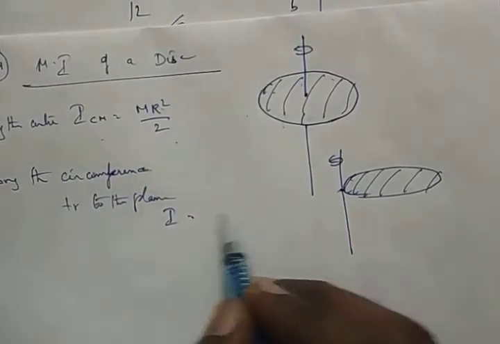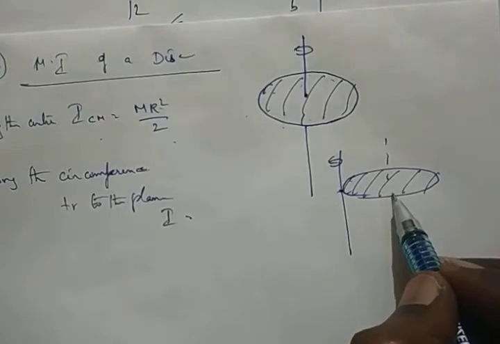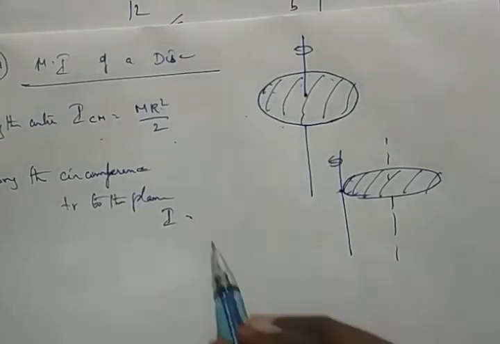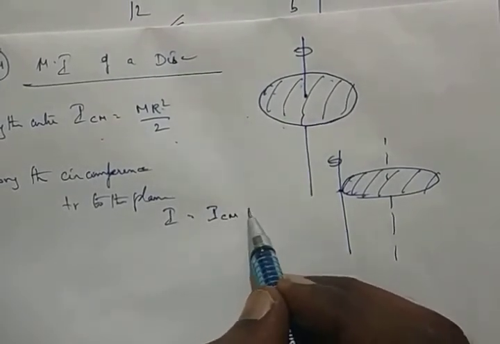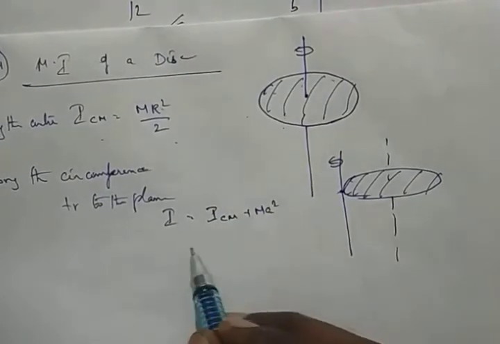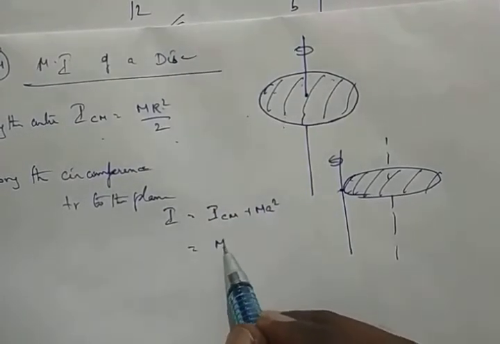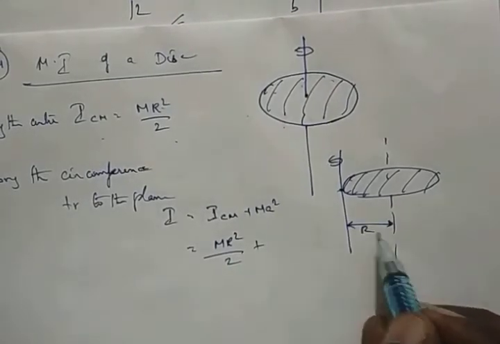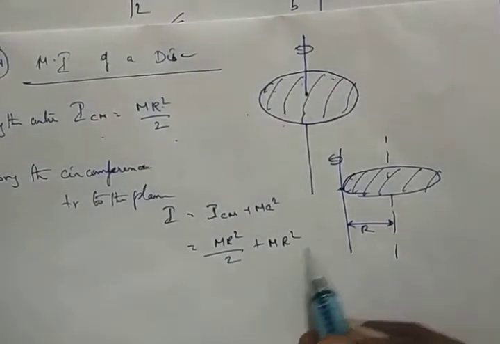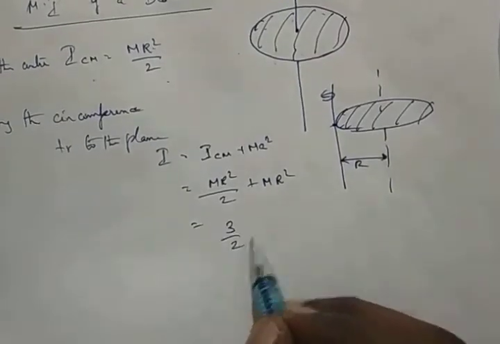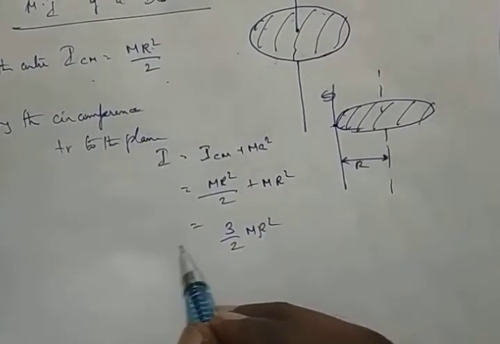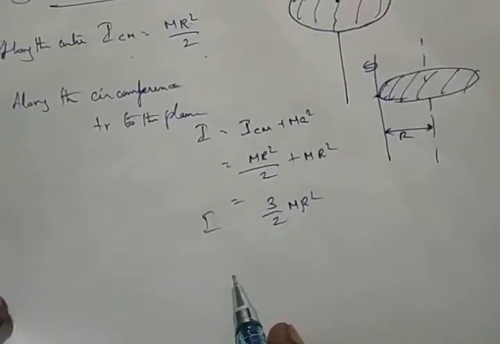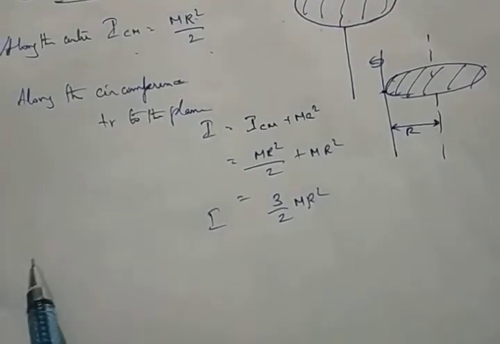So I is going to be equal to, again the same theorem, I center of mass plus m a square. I center of mass is mr square by 2, plus this is also r, so it's mr square. So it's going to be equal to 3 by 2 mr square. This is along the circumference.